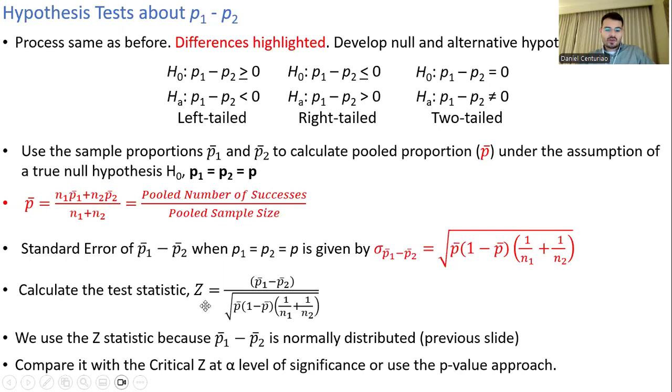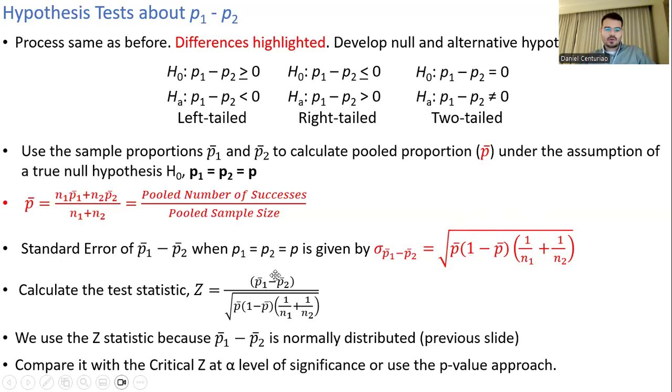Then we can proceed to calculating the Z statistic. In the Z statistic, you use the proportion of sample 1 minus the proportion of sample 2, which is the difference that we are estimating, divided by this standard error right here.